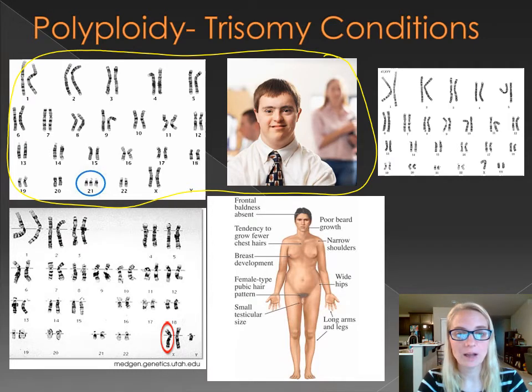You wouldn't be able to tell necessarily by just looking at the karyotype, but either the egg or the sperm had 2 chromosome 21s because of non-disjunction, fertilized with either the egg or the sperm that had their normal 1, and you ended up with 3 chromosome 21s. And then you get all of the phenotypic expression of Down syndrome. So this is also called trisomy 21.